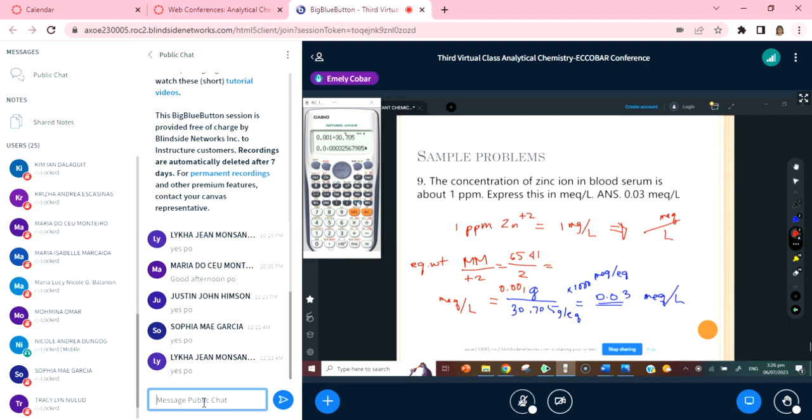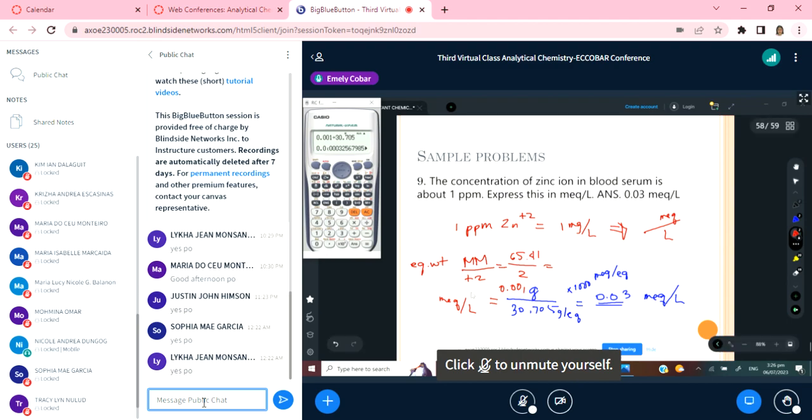Okay, tingnan niyo yung sagot. 0.00 blah blah blah. Yan ay equivalence per liter. Kasi divided by 1 na lang ito eh, di ba? Divided by 1. So this is the answer. 0.003, no?